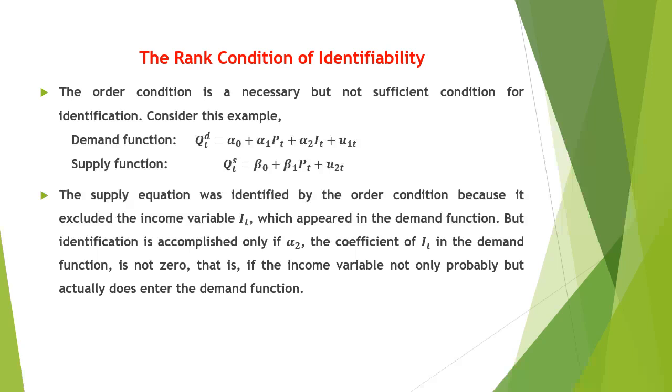In this example, the supply equation was identified by the order condition because it excluded the income variable It, which appeared in the demand function. But identification is accomplished only if alpha 2, the coefficient of It in the demand function, is not 0. That is, if the income variable not only probably but actually does enter the demand function.